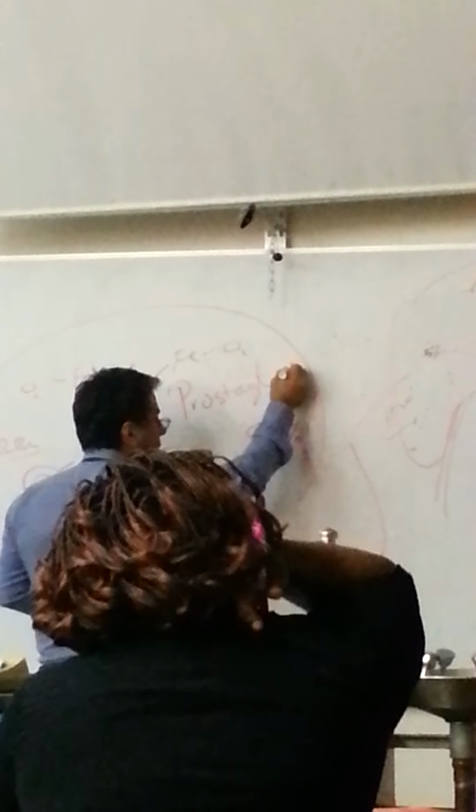Prostaglandin keeps this open. That's why when you are pregnant, they tell you not to take pain medicine. Pain medicine decreases prostaglandin level, and when the prostaglandin level decreases, this fuses.